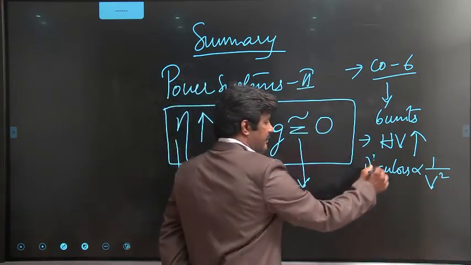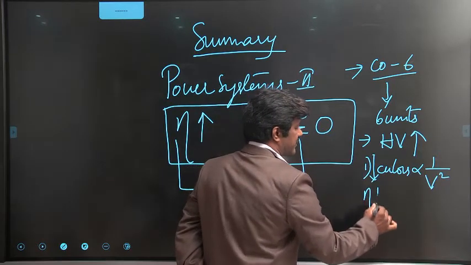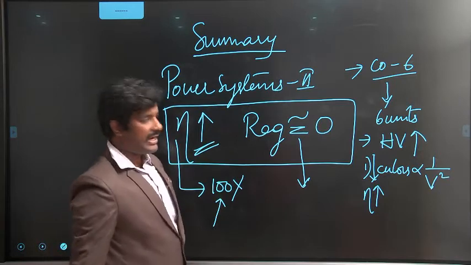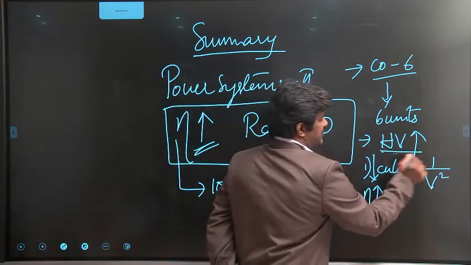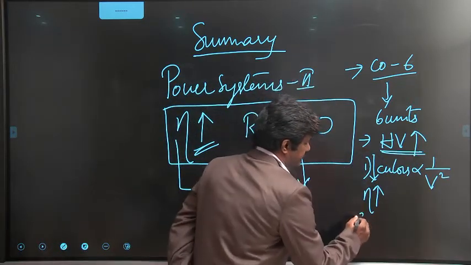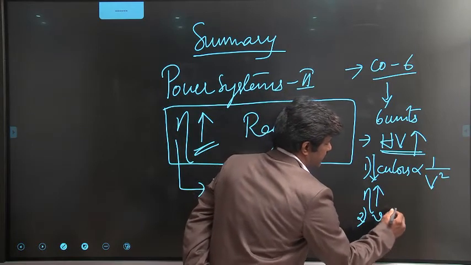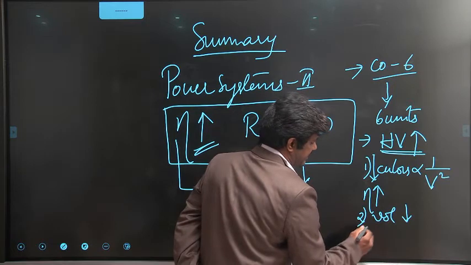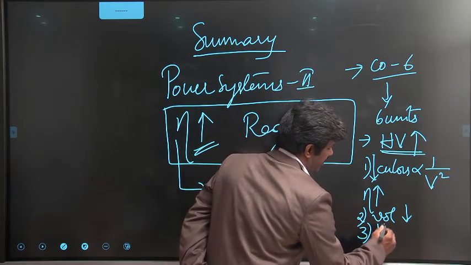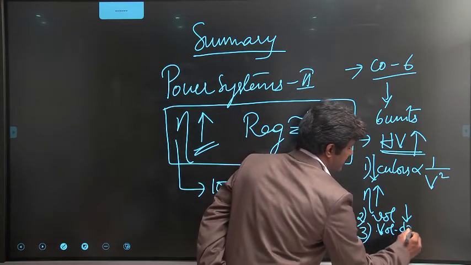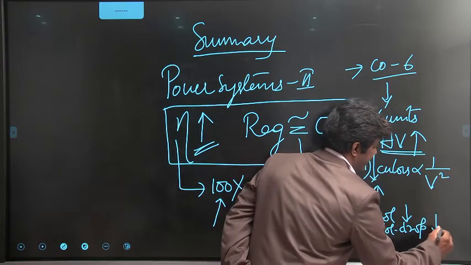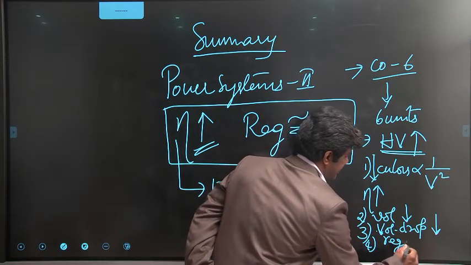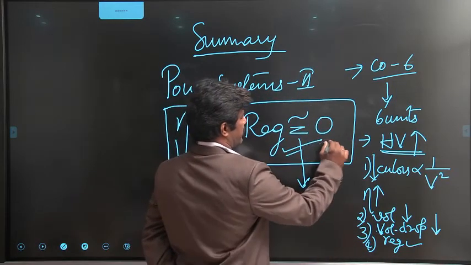If the copper losses are minimized, obviously the efficiency will be increased, which means our first point is fulfilled. And next, with the transmission at high voltage, the volume of the conducting material gets decreased. And next, the voltage drop will be minimized, which leads to better voltage regulation. Our second point is also fulfilled.